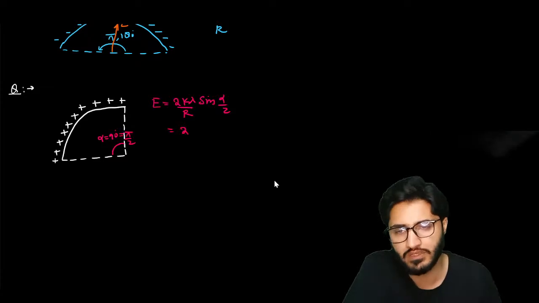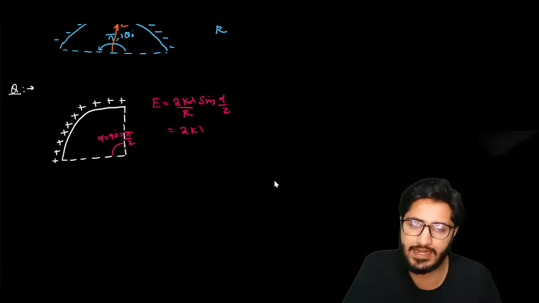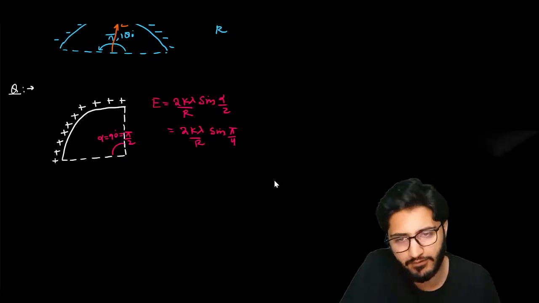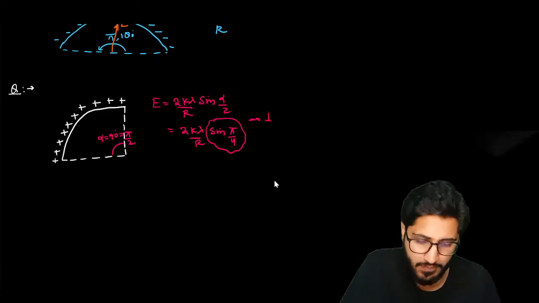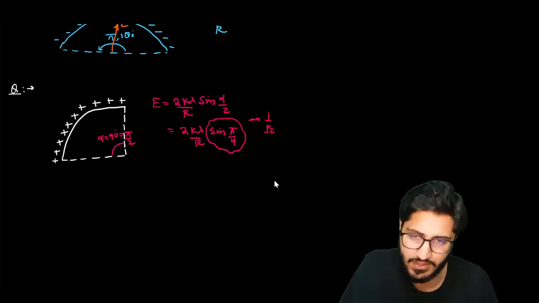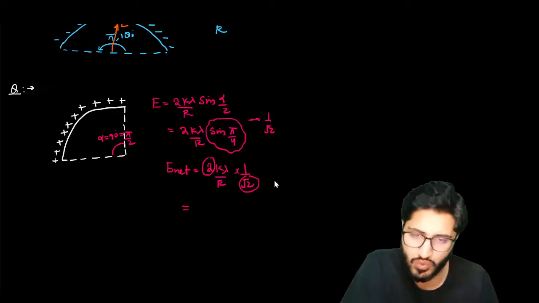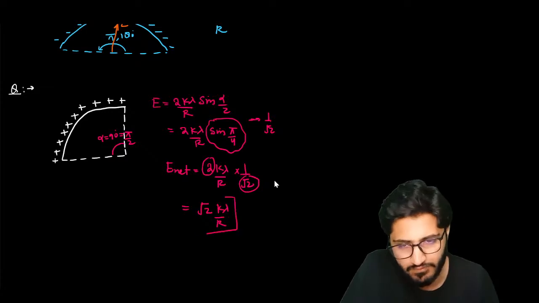Put the value here, I will get 2k lambda by r sine pi by 4. The value of sine pi by 4 is 1 by root 2. So my E net will be 2k lambda by r multiplied by 1 by root 2, and 2 divided by root 2 is root 2 only. So my answer will be root 2 times k lambda by r.